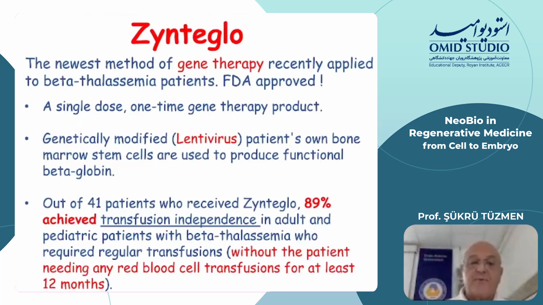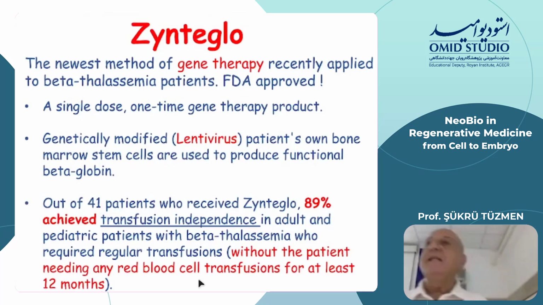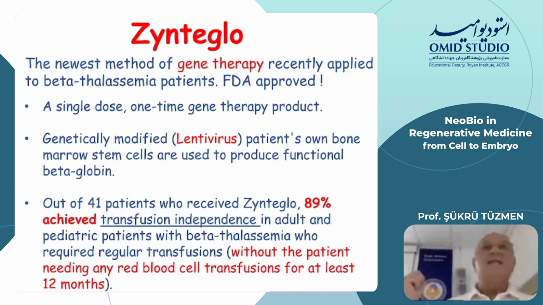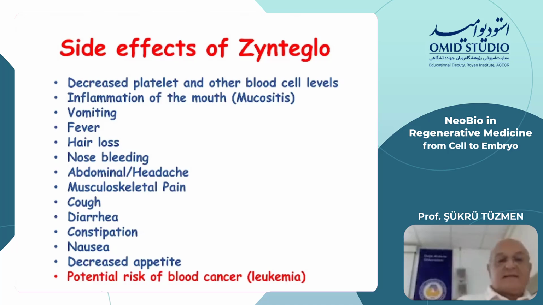It is very important that for 12 months they did not need any transfusion. I told you, every 15 days, these thalassemics, especially the severe ones, need blood transfusions. The ones who received Zynteglo did not need a transfusion for 1 year. But again, there are potential risks, so unless those risks are eliminated, it is not correct to use these kinds of drugs.